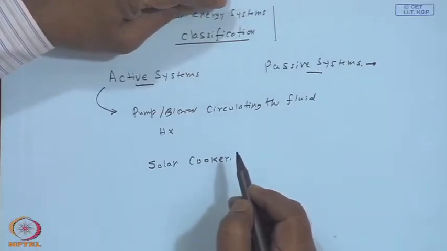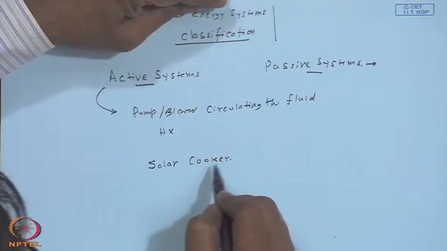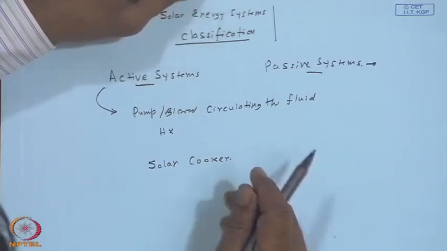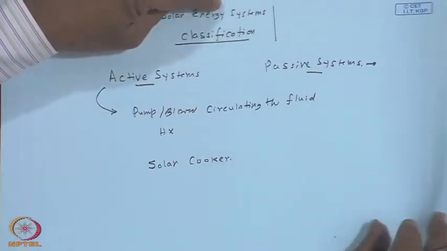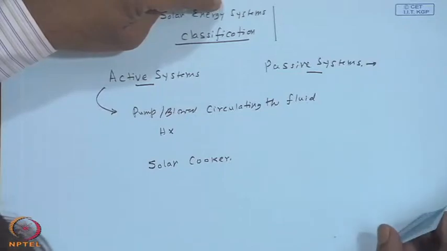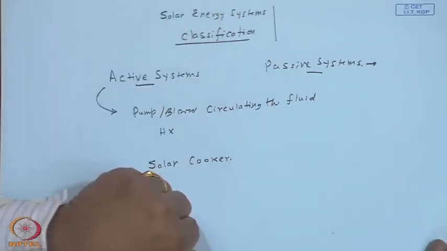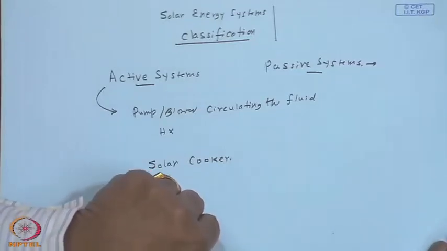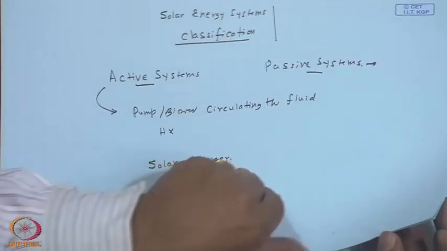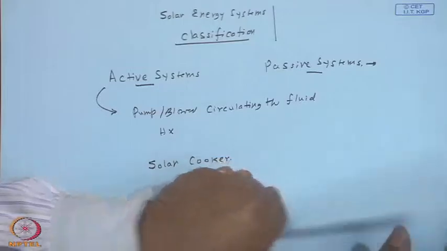Okay. So, you have a passive solar cooker, although it is an external device and it is kept externally, except it does not have a pump or a fan to circulate the fluid inside the device. We will deal with some of these things a little later, but I think a popular concept of a solar cooker, greenhouse, you must have heard.